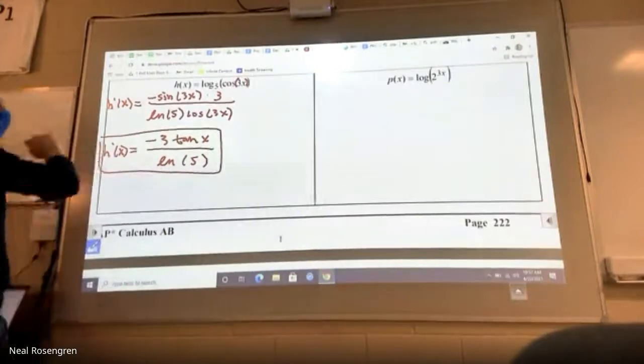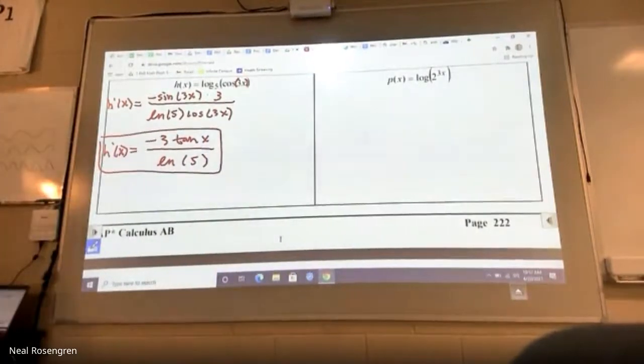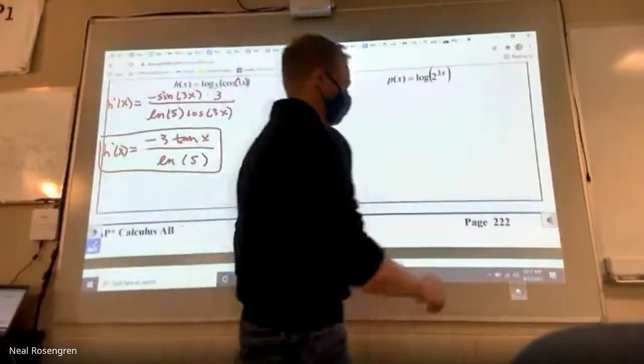Hopefully you can get to there. But if you need the blue steps that I showed you before, separating constants and functions, rewriting them and putting them back together, that's cool.